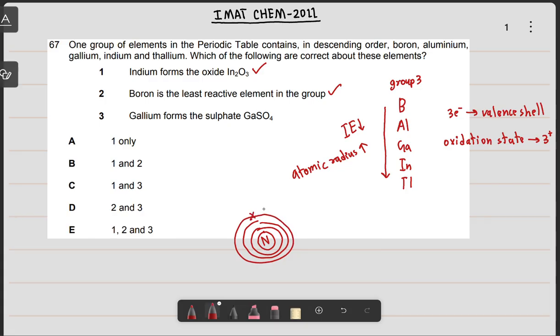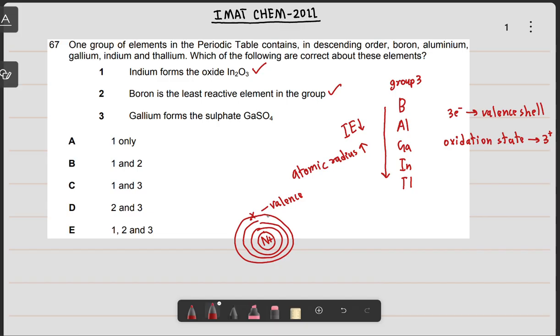So the valence electron gets further apart from the positively charged nucleus, which has protons. So there's less influence of attraction between the nucleus and the electron in the outermost valence shell.